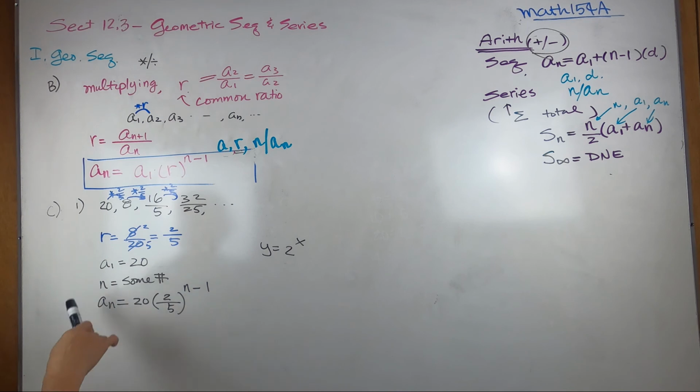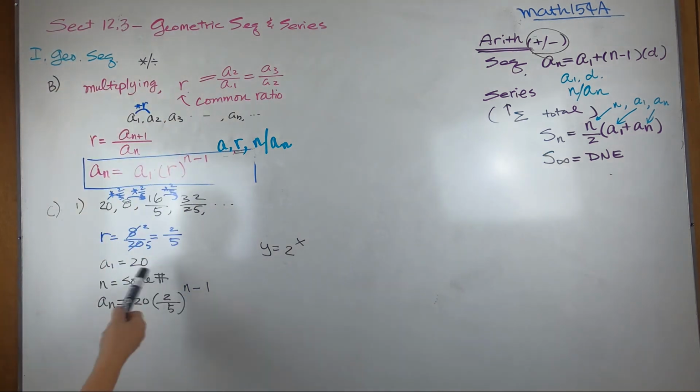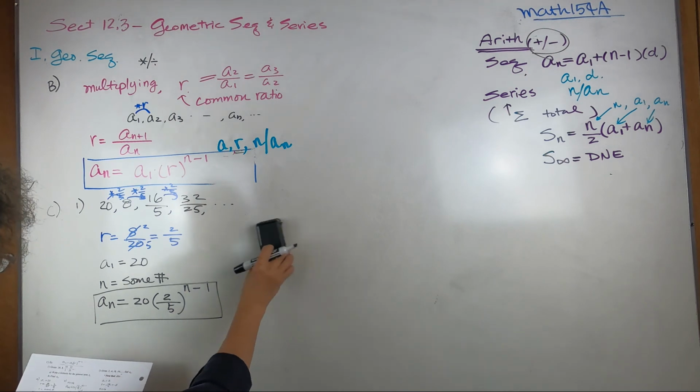So actually, geometric sequences are exponential growth. That's what we have been dealing with. Okay, so that would be our general term. You can just answer with the number just like that. That's all you need.